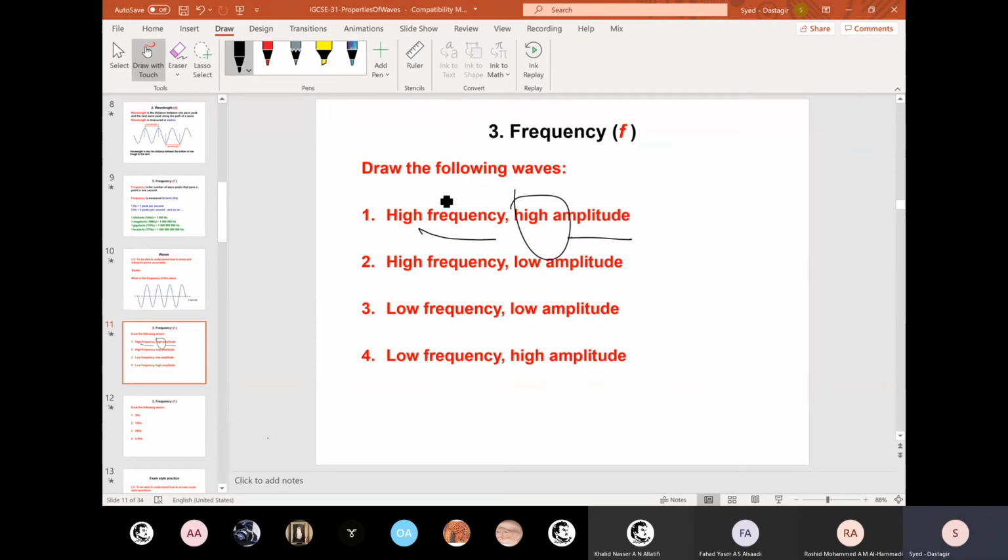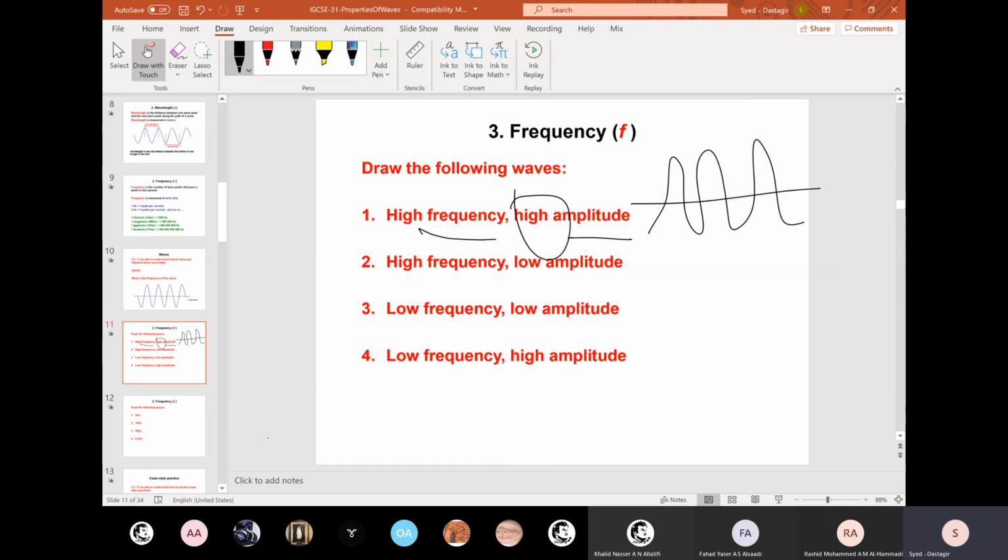High frequency, with high amplitude. So we want to draw our waves. Also make sure you have the rest position.